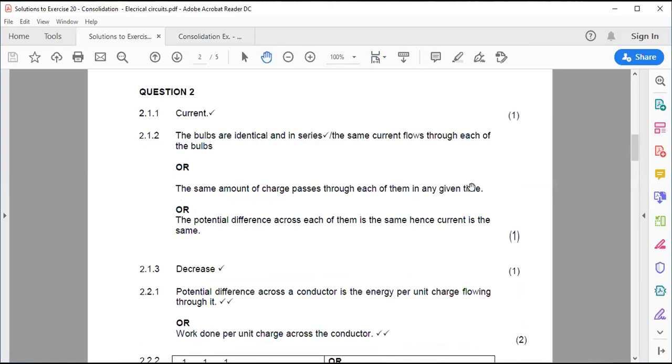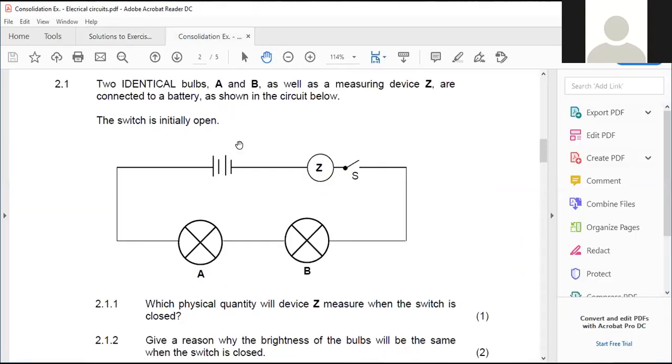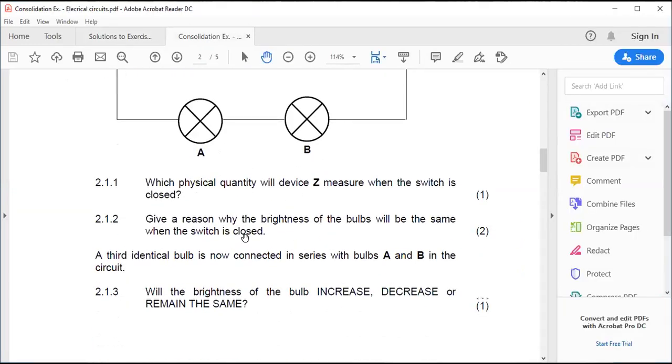Or you can say the potential difference across each of them is the same, hence current is the same. Since there are two resistors in series, they are potential dividers. Since they are identical, they'll get the same potential difference, hence their current will be the same. Clear? Yes. Right. Okay, we'll move on to the next one.